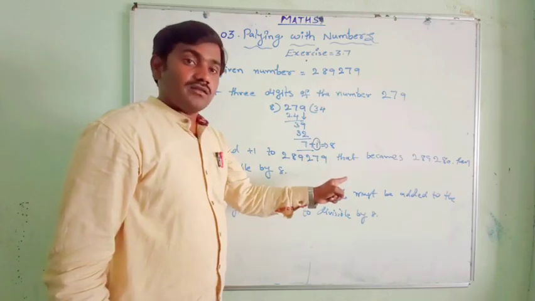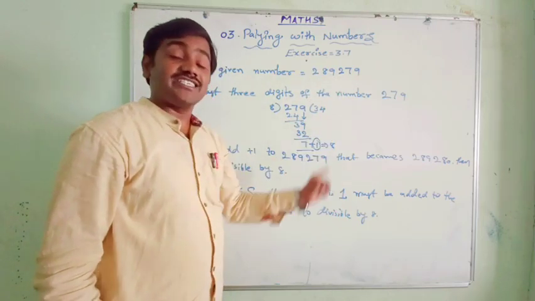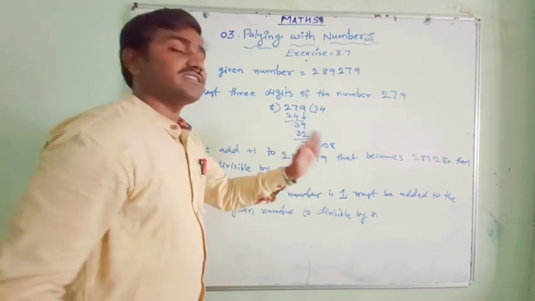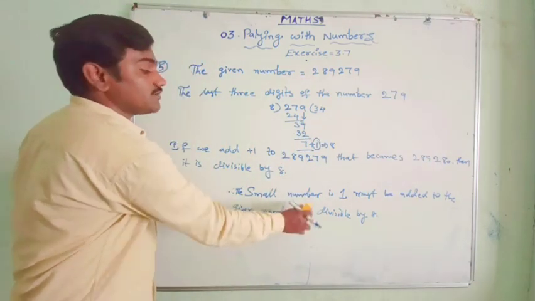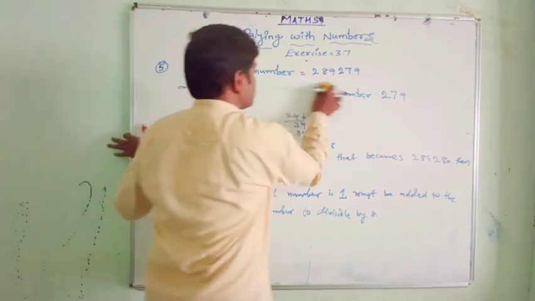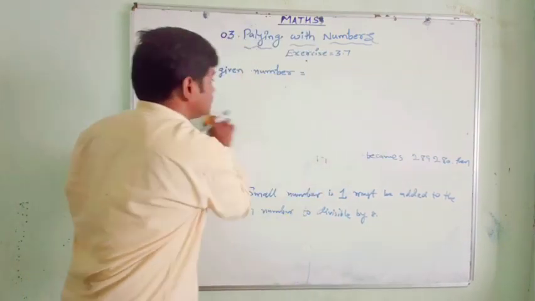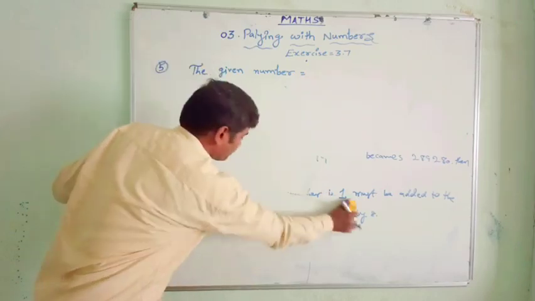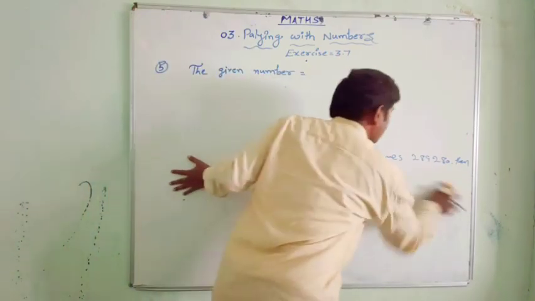If we add 1 to the given number, it is divisible by 8, or else it's not divisible by 8. The smallest number is not the maximum number. Okay, then let us see some more problems in the same way.